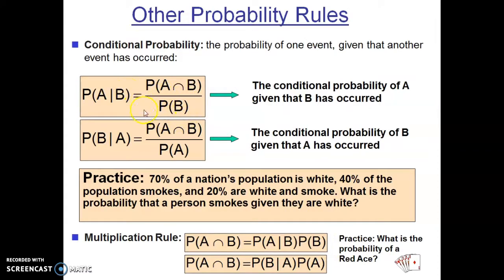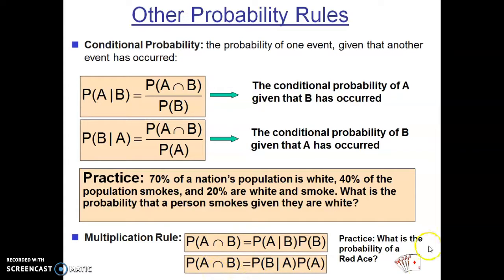Moving the denominator, the probability of B, to the left-hand side of the equation gives us this and solves for the intersection. Just like this one here is a reconfiguration of this. By moving the probability of A to the left-hand side of this equation, we get this one. And from there, we could solve an intersection problem.